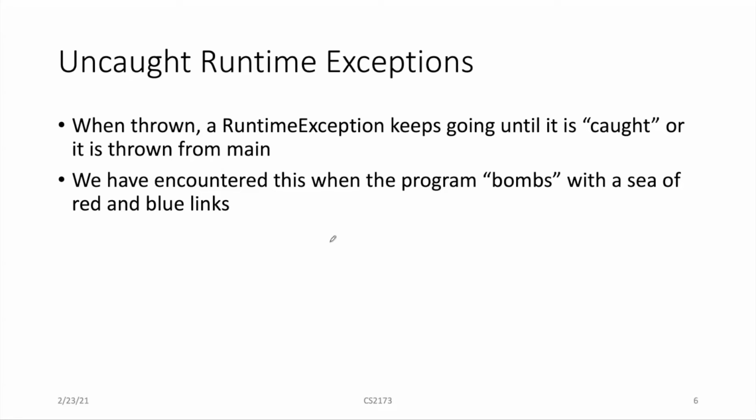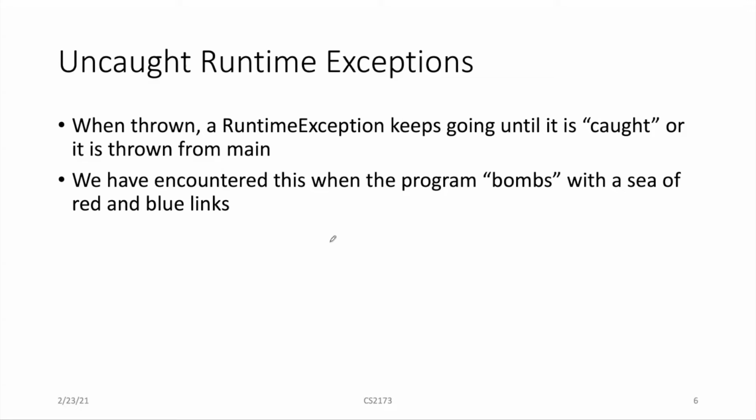When you have a runtime exception, null pointer exception being the most common, it just keeps bubbling up through the call stack. There's usually a sequence of methods that have been called to result in this. So it bounces back to the calling method and says, are you going to catch me? Because you can catch it.